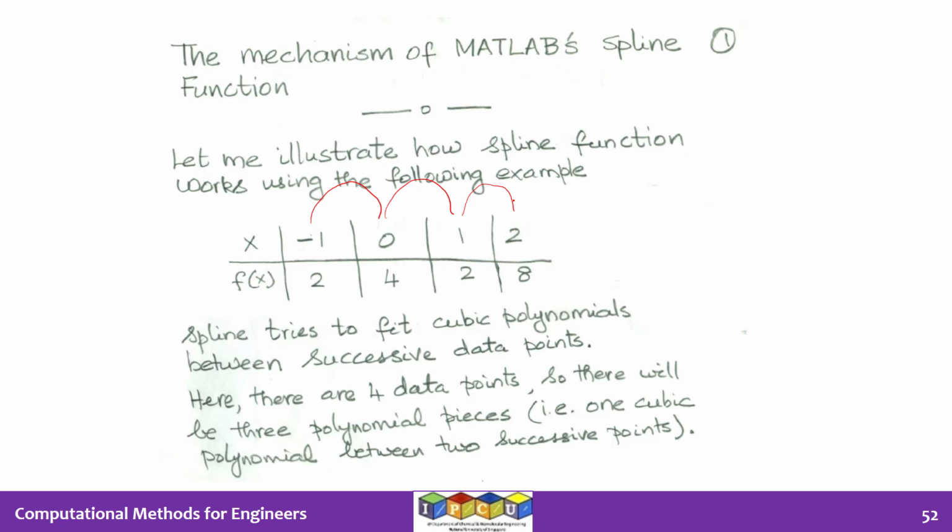So it takes 2 samples at a time, and then surprisingly it tries to fit cubic polynomials. Cubic polynomials will have 4 parameters. And what we have been saying so far is if you have 2 data points, at the most you can fit a line. But here they are going to fit cubic polynomials between 2 data points. That means they're going to fit polynomials with 4 parameters for every 2 adjacent points.